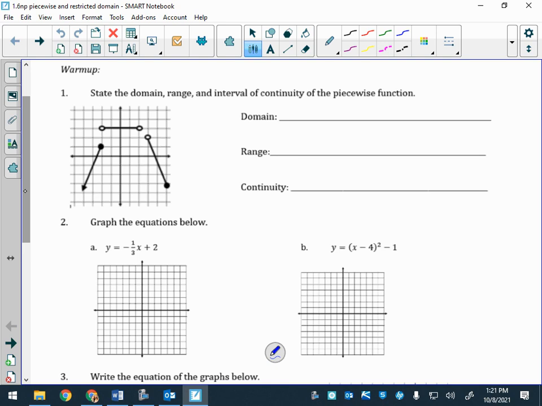Someone have something else that's not up there that you want to share? Did anyone have an option negative infinity to 5? Some of you had. So those are some options that came up. Were there any others for domain?